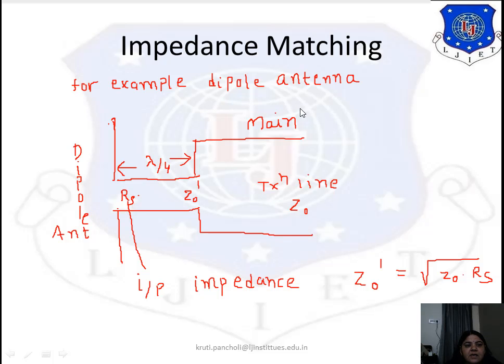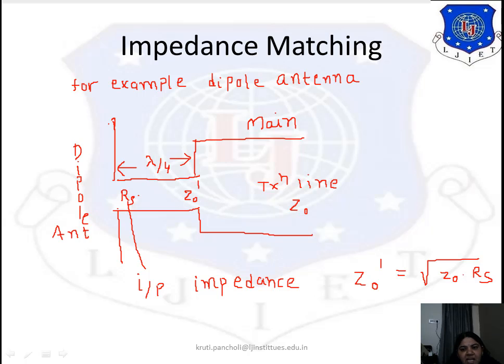Here is the example of a dipole antenna. This dipole antenna has a resistive input impedance Rs. This Rs can be matched to the main transmission line having characteristic impedance Z0 by means of a quarter wave line, or quarter wave transformer, having characteristic impedance Z0 dash.